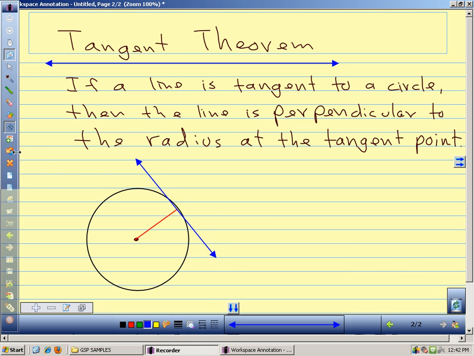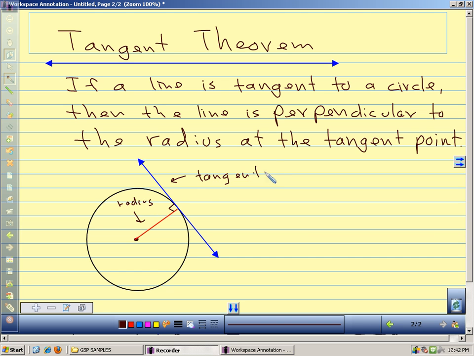So there's my tangent line, and this is a 90-degree angle. And that's a radius. That's my tangent line. And this is the tangent point. So that's what the tangent theorem tells us.